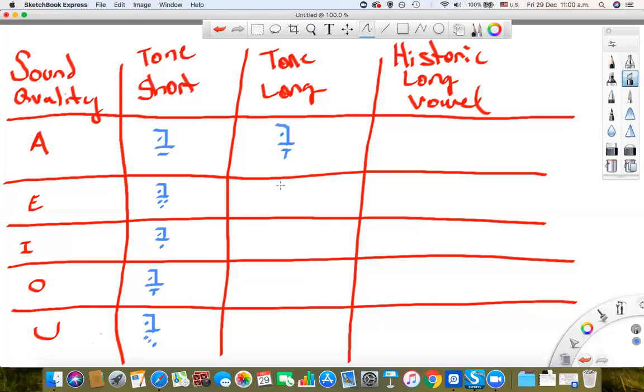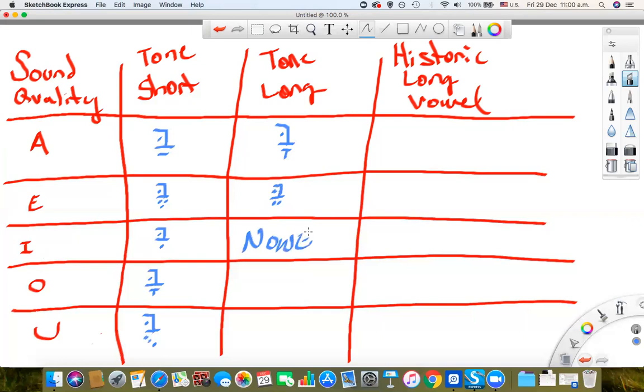Our tone long E sound is going to be a tsere, and that is 2 dots underneath. And that's going to be an A sound, as in they. So this would be ba, and this would be be. Our tone long I does not exist.